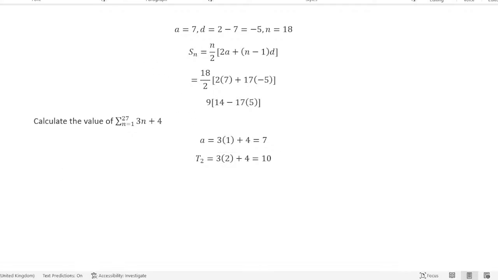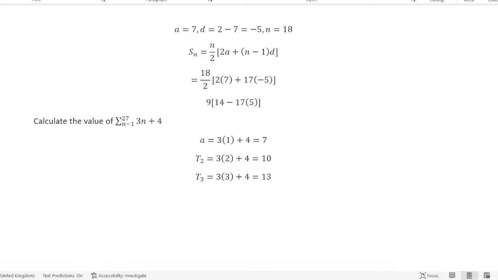Then T3 equals 3 into 3 plus 4, 9 plus 4, that is 13.